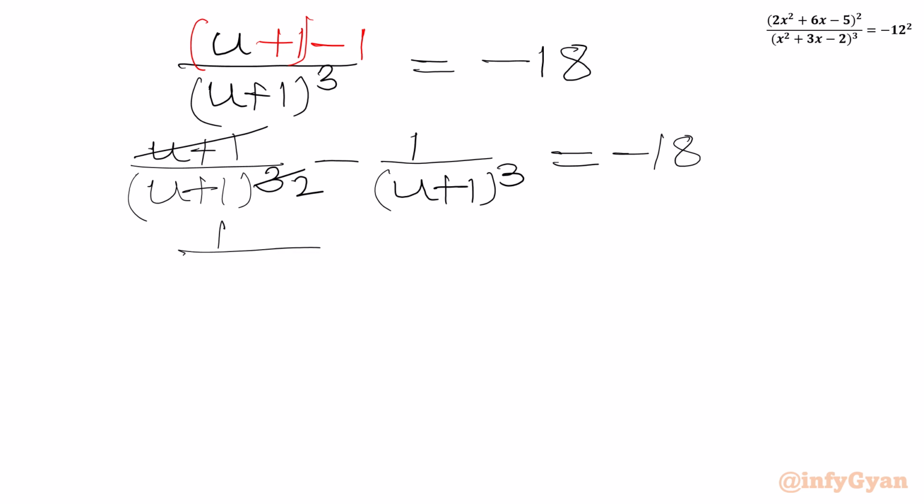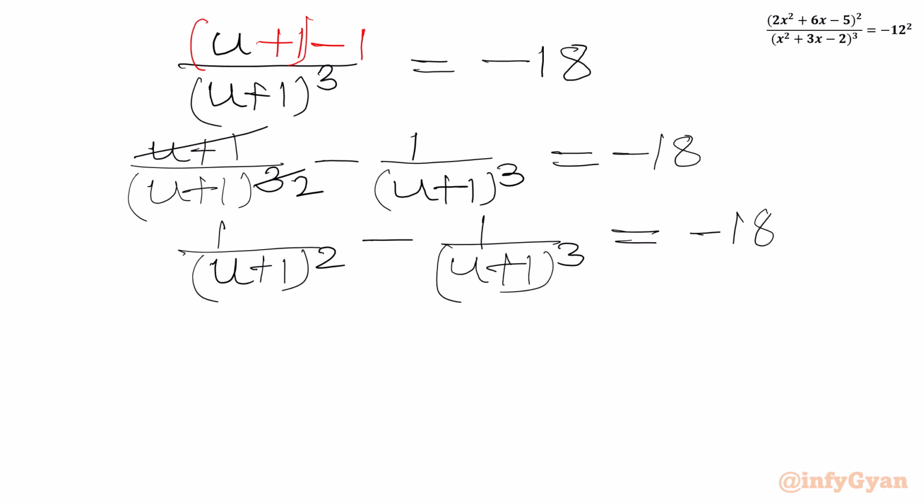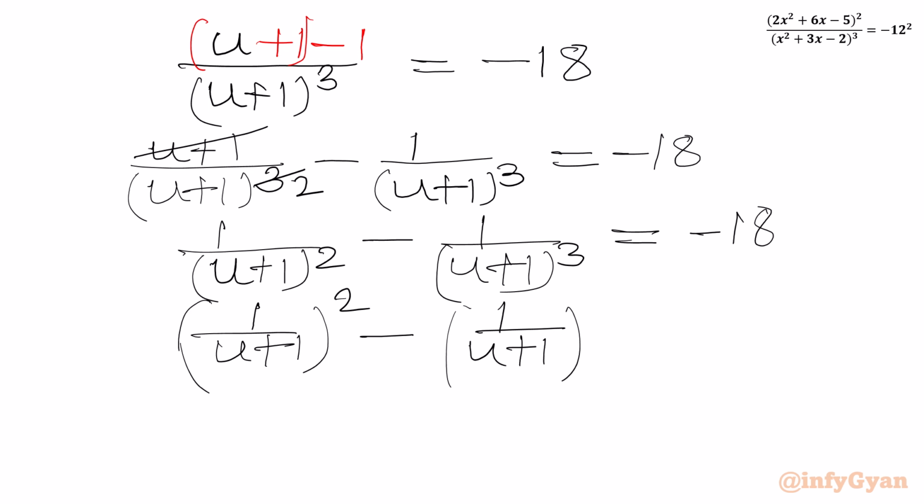I will write 1 over u plus 1 whole square minus 1 over u plus 1 whole cube equal to negative 18.